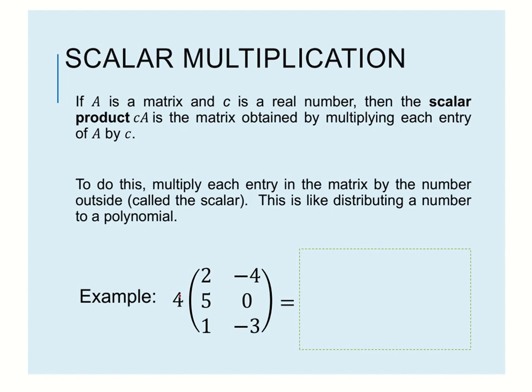So 4 multiplied by the matrix: 4 times 2 is 8, 4 times negative 4 is negative 16, 4 times 5 is 20. 4 times 0, 4 times 1, 4 times negative 3.